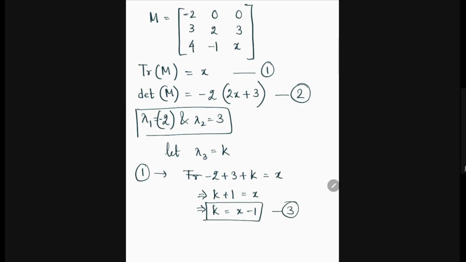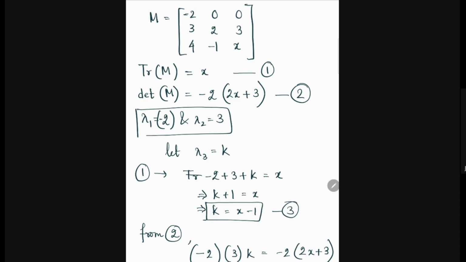Let's say equation 3. From 2, we get minus 2 into 3 into k is equal to minus 2 plus 2x plus 3. So 3k is equal to 2x plus 3.